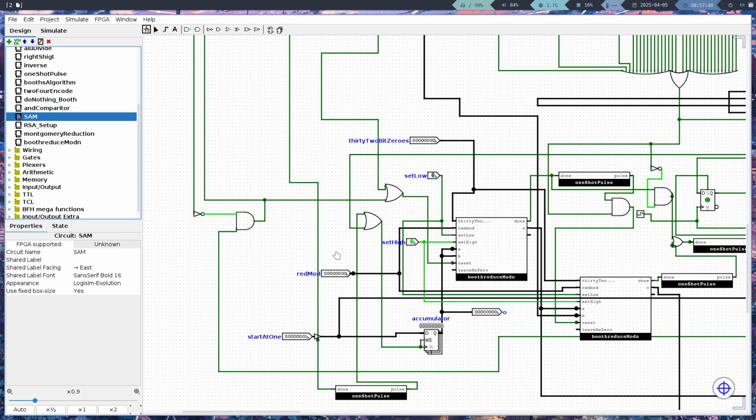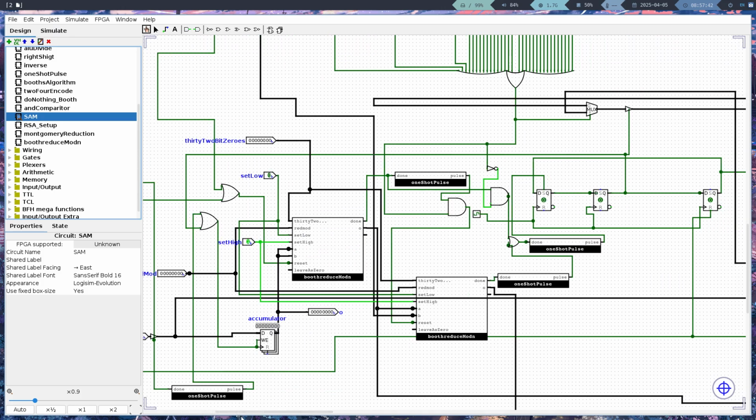And so normally though, with your typical square and multiply, because I was lazy, I didn't want to do a separate circuit implementation. But instead of doing Booth reduce modulo n, because this is just your typical multiplication reduce modulo n, you just swap out these two circuits here for your typical exponentiation, your typical Booth's algorithm, and you would get square and multiply.